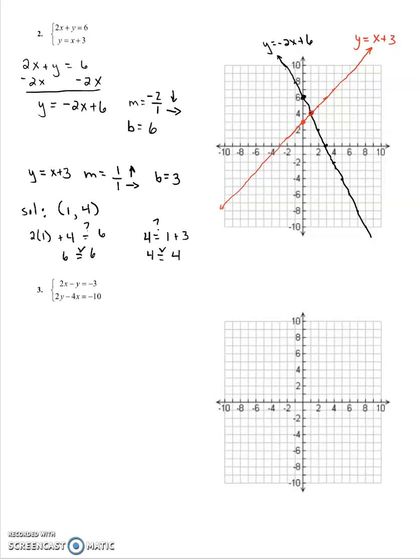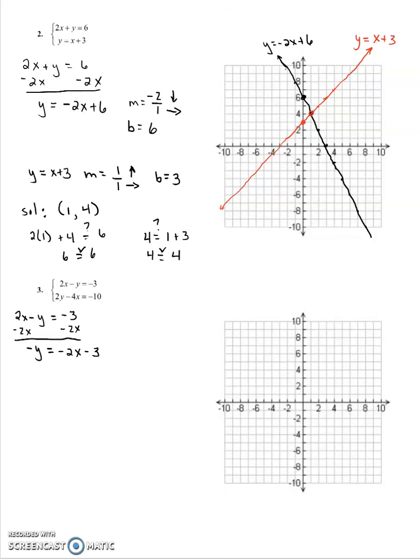Okay, on the next one, neither equation is in slope-intercept form. So for the first one, we have 2x minus y equals a negative 3. We subtract 2x from both sides. We have negative y equals negative 2x minus 3.